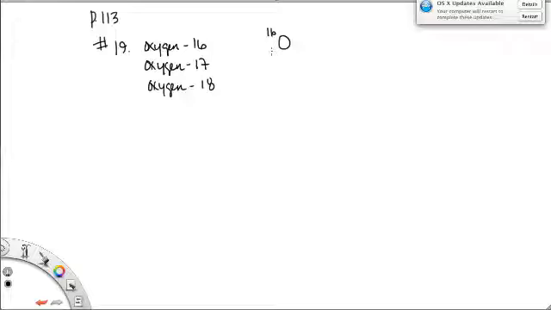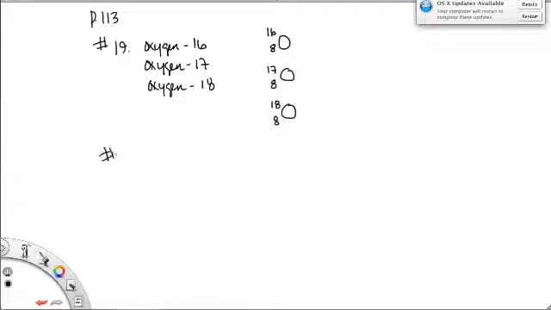And when we look at oxygen on the periodic table, its atomic number is 8. Remember, the atomic number gives the element its identity. So this is the shorthand for oxygen 16, excuse me. The shorthand for oxygen 17 would have the mass number of 17 here and the atomic number of 8 here. The shorthand for oxygen 18 has the mass number of 18 here, the atomic number of 8 here.